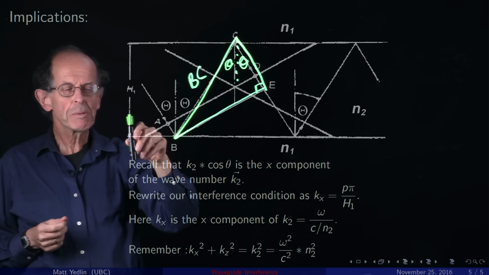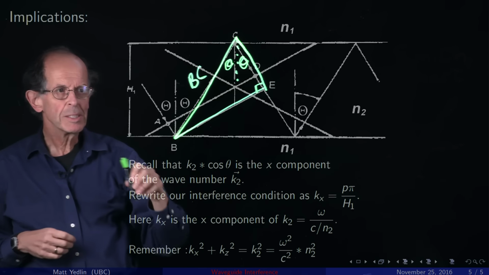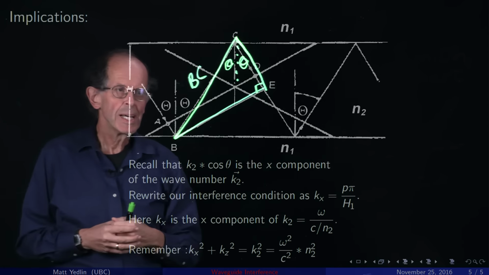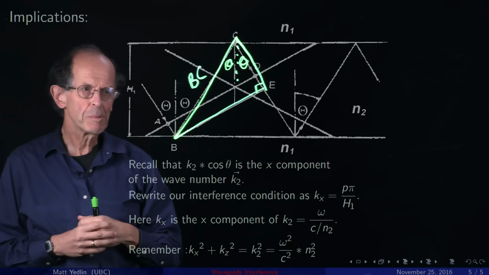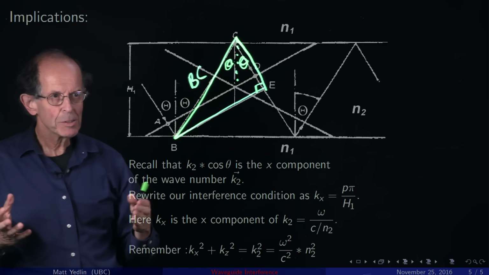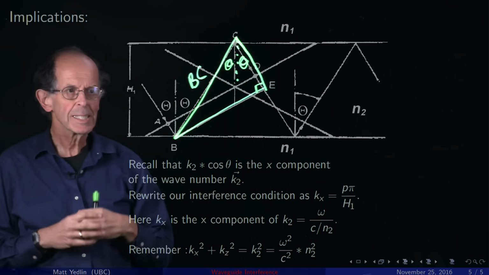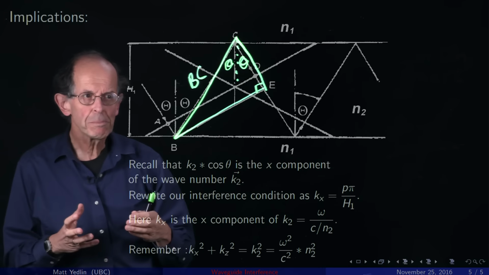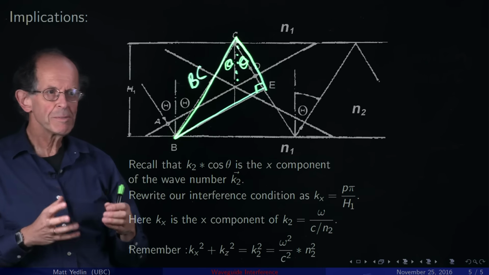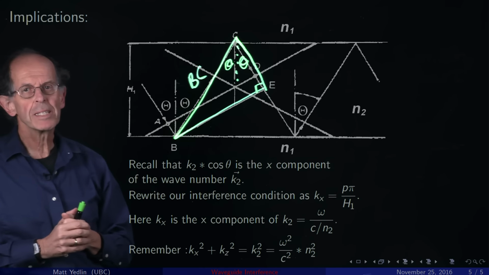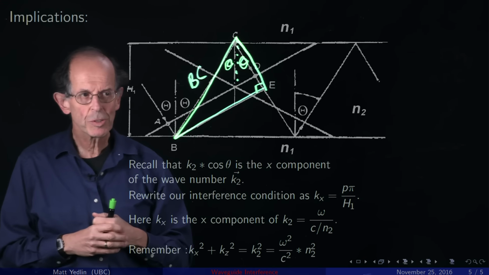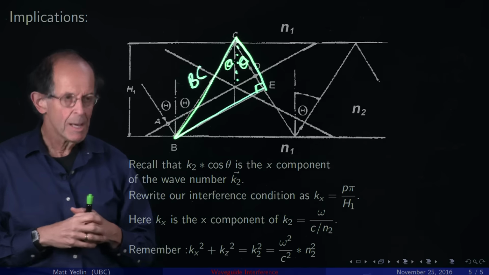Now, let's rewrite our interference condition simply as kx equals p pi over h1. Remember, kx is k2 cosine theta. kx is the x component of the wave number k2, which has a scalar value omega divided by the speed, which is c over n2.